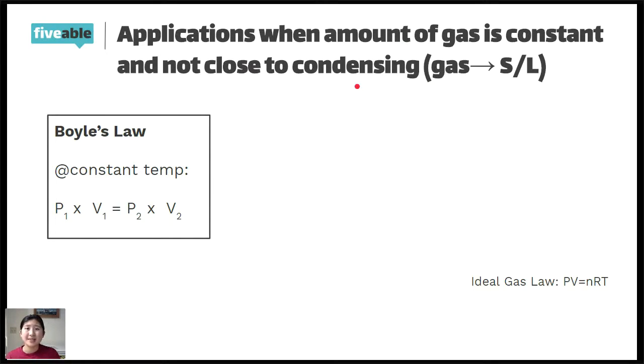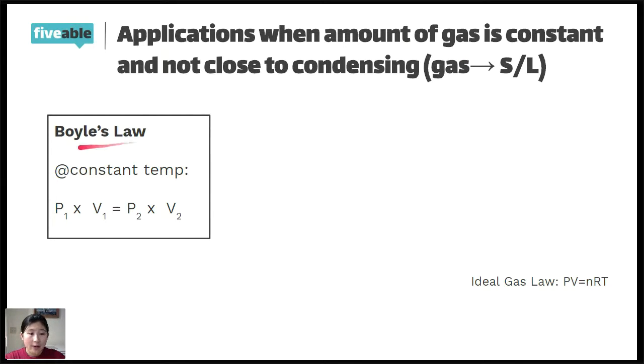It's because the molecules are so close together that they become more like a liquid or a solid. So these applications are when we have the same moles of gas, but the temperature or the pressure isn't close to condensing.